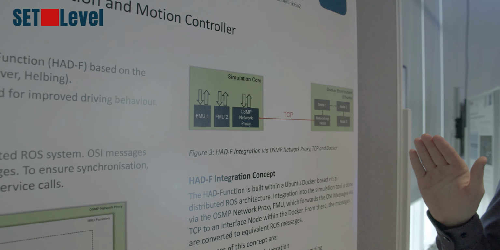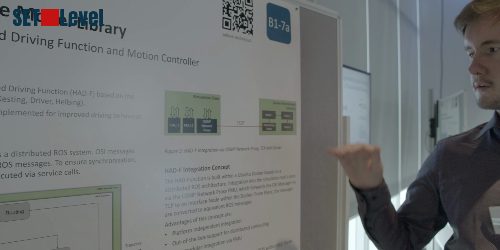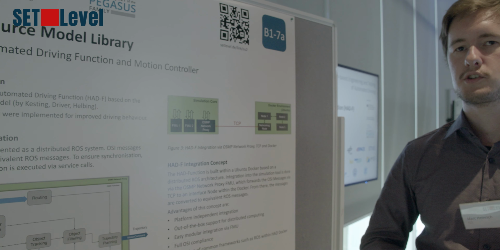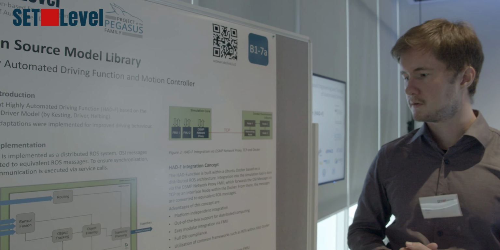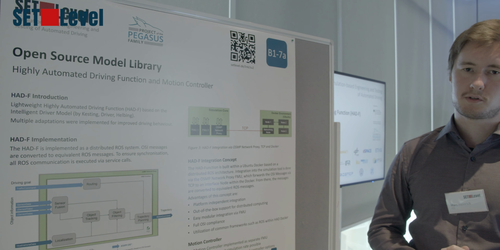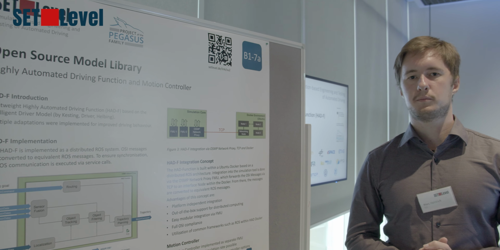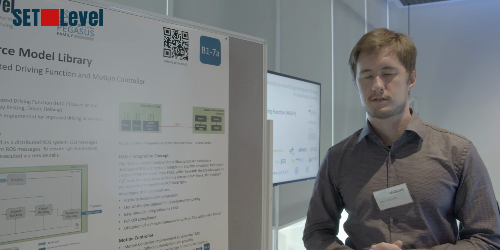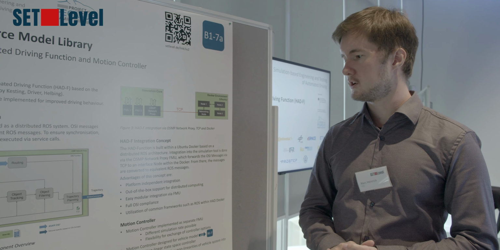This system has several advantages. First of all, and most importantly, a platform-independent integration. The driving function is exclusively run in Ubuntu, but we can also run the whole system with the Docker on Windows, for example, which is often used. We have out-of-the-box support for distributed computing, so we can run the Docker on a different system to save resources or speed up the simulation.